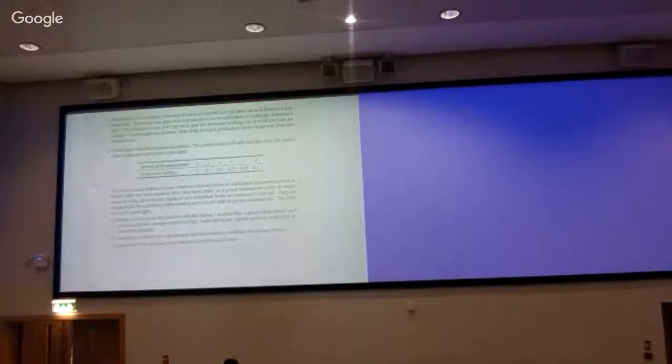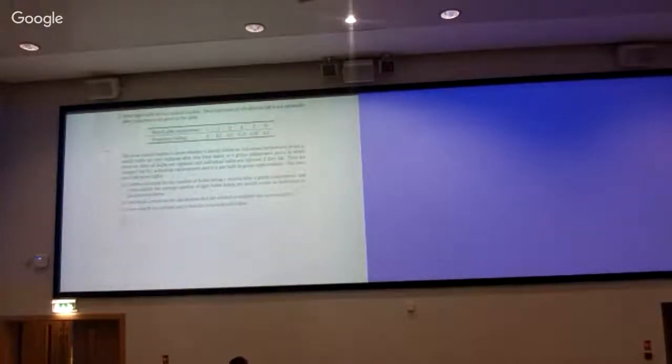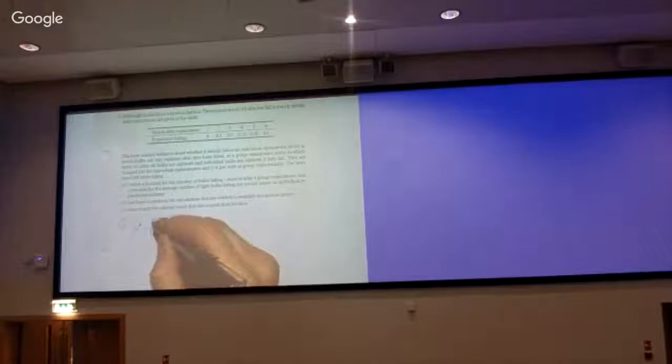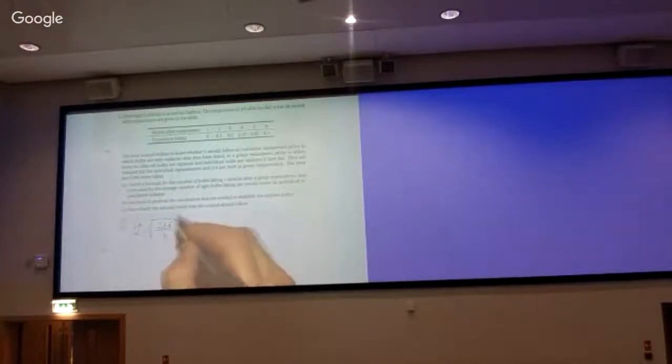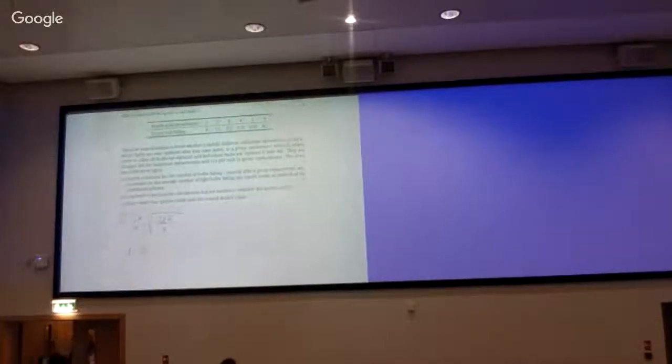Okay, let's have a look. Let's see what it is. So the formula for the optimal order quantity was the square root of 2dk divided by h, which doesn't tell you much if you don't know what d, k and h are, right? So d is the demand, so that was 30 units per month.